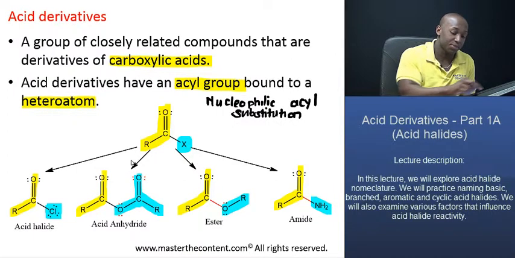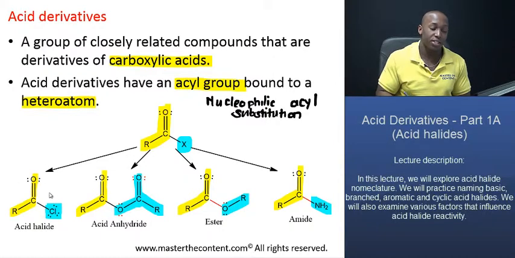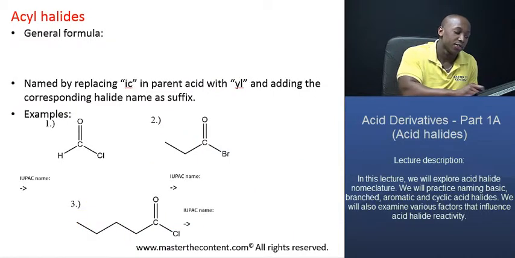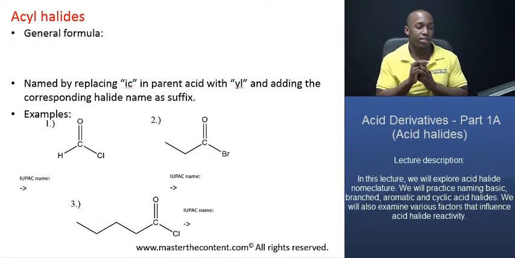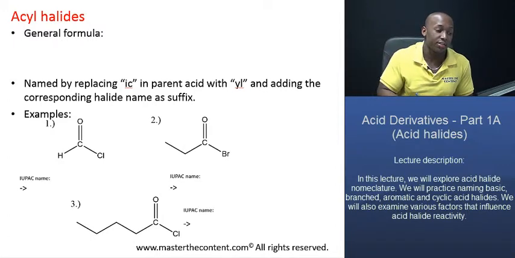So as you might expect, because you can derive or prepare each of these derivatives from their parent acids, you could also expect that you can hydrolyze each of these acid derivatives, each of these compounds, back into their original carboxylic acids. So we're going to delve into the first classification of the first member of this group, which are the acyl halides.